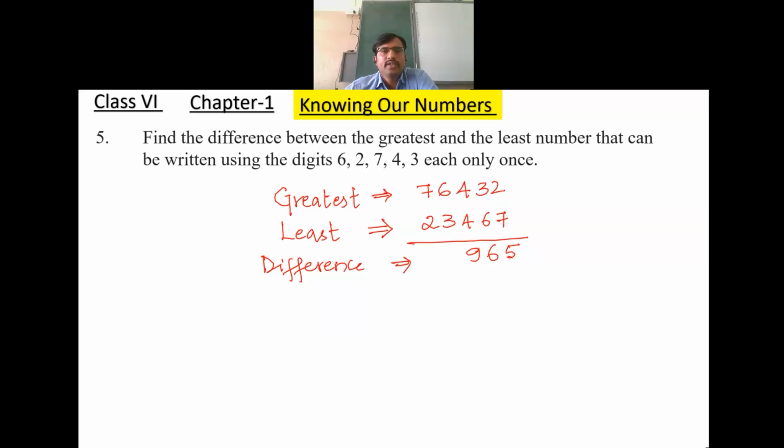Here 5 minus 3 will be 2. 7 minus 2 will be 5. 52,965. Most of you are right. Prithvi, Kritarth, Satvik, Aryan. Very good. The right answer is 52,965.